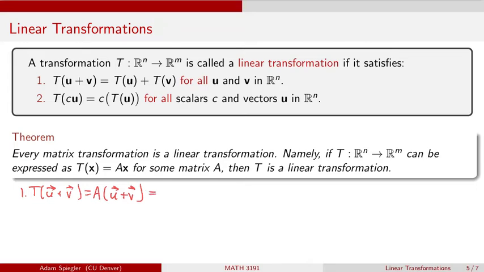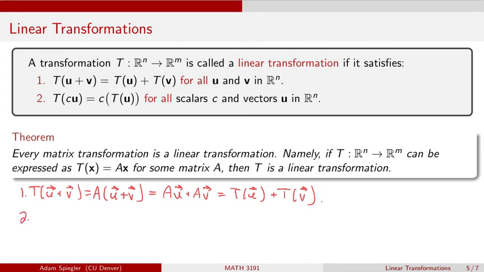And from properties of matrix vector multiplication, we've proven that this does break up into A times u plus matrix A times vector v. And this is exactly how we would define the image of u under transformation T plus the image of v under transformation T.